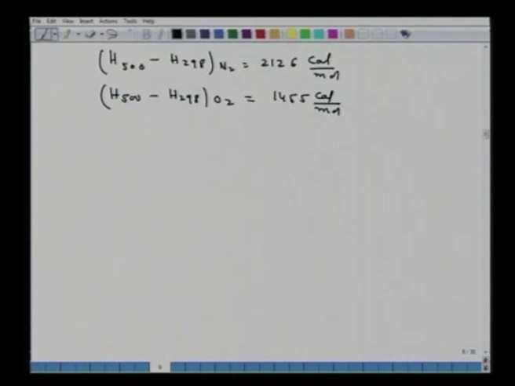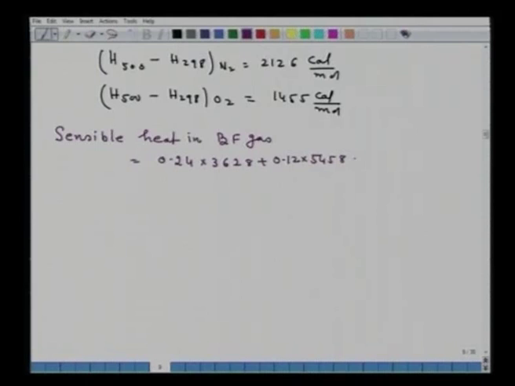So, sensible heat in blast furnace gas, just I have to multiply by the moles: 0.24 into 3628 plus 0.12 into 5458 plus 0.04 into 3514 plus 0.6 into 3598.